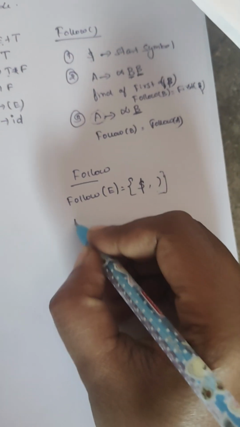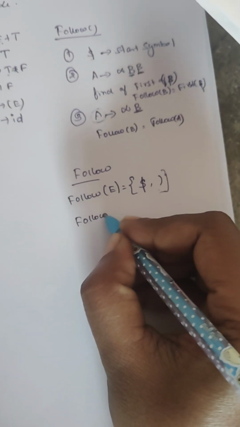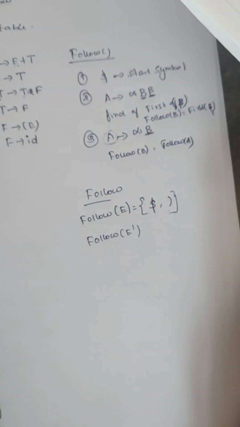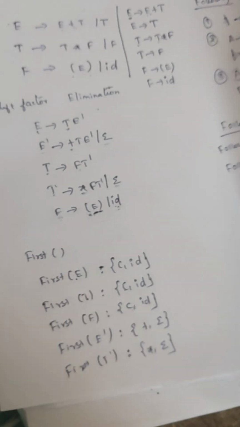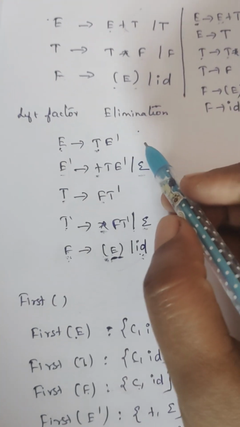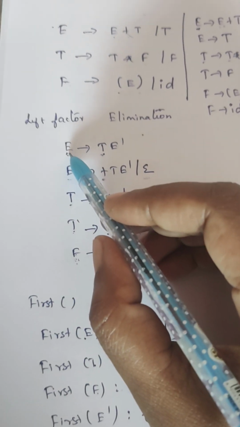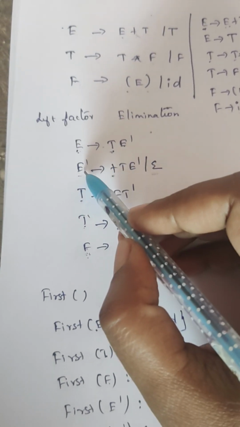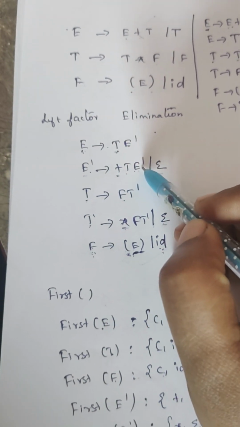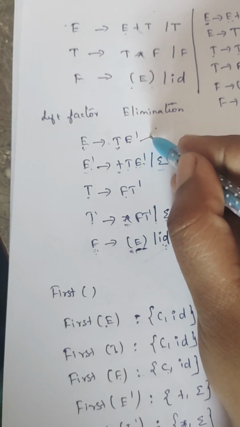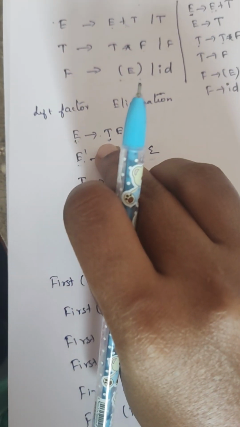Okay, next we go for FOLLOW of E dash. Here we have E dash in two expressions: E tends to T E dash and E dash tends to plus T E dash. So we need to consider this only. This is like our third production rule.